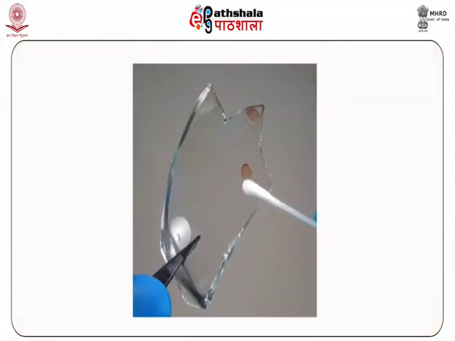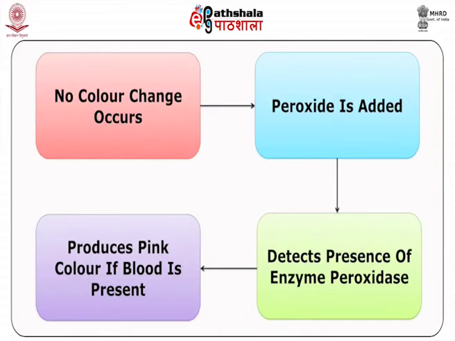The stain in question is collected with a cotton swab before drops of ethanol and phenolphthalein indicator are added. If no color change occurs, peroxide is then added. This detects the presence of the enzyme peroxidase in the blood, producing a pink color if present.